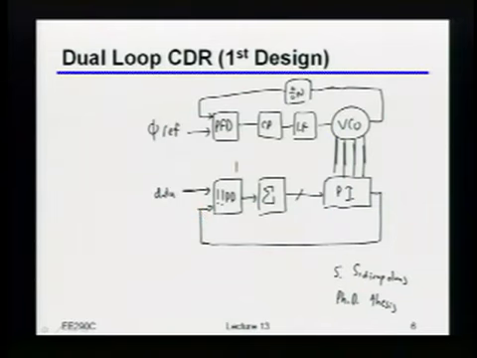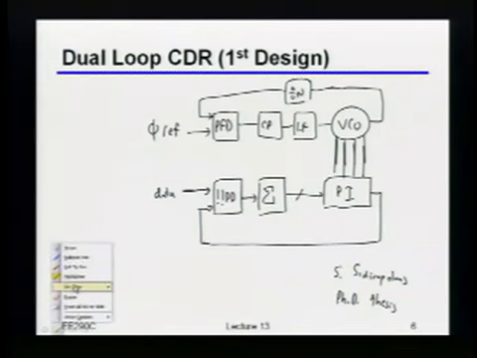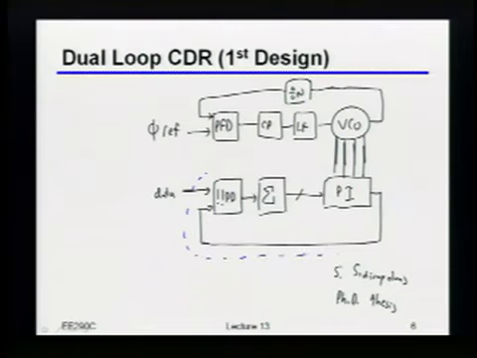Okay? So it turns out you can actually build this DLL in lots of different ways. But there's another nice thing about the way that this thing has been built. I'm just going to draw, let's say, a dotted line to highlight something. So for everything that's inside of this blue dotted line that I'm drawing there, what type of circuits are those? Digital.